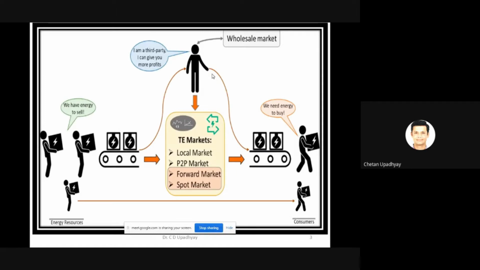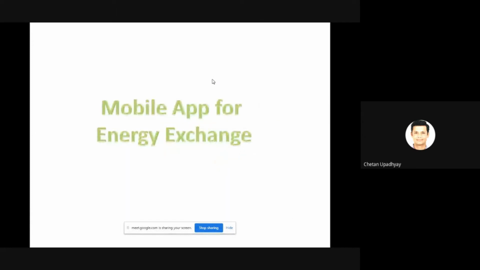In that there is a local market, P2P market, forward market, and spot market. So basically, when we came to this conclusion that there is a need for some software, some application, we started searching for a mobile app for energy exchange.